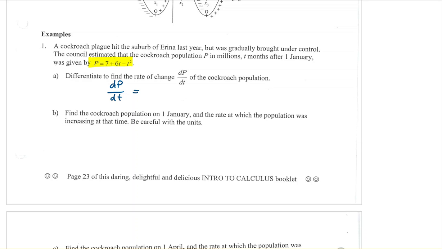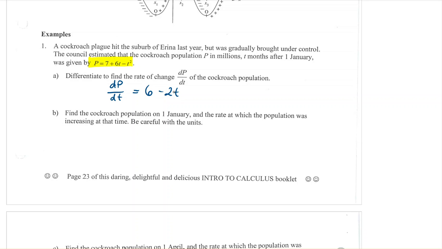The 7 is a constant. It will disappear. The 6 is next to t, so the t will disappear, and I'll just get a 6. And the minus t squared, I bring the 2 down. It'll be minus 2, subtract 1 from the power, will just be t to the power of 1, or t. So that is the equation for the rate of change. It's the derivative. That's all it is.